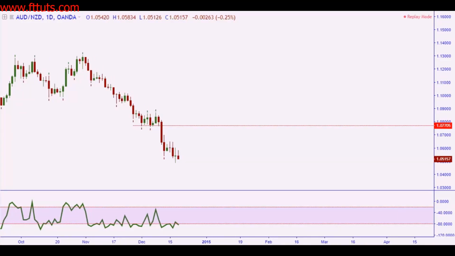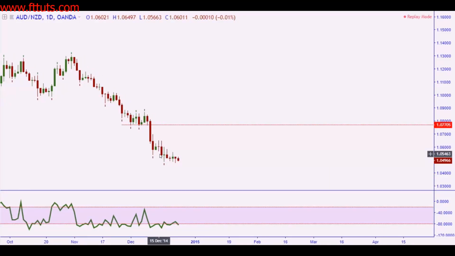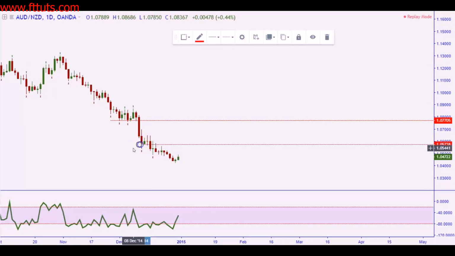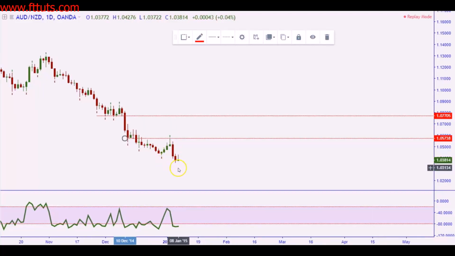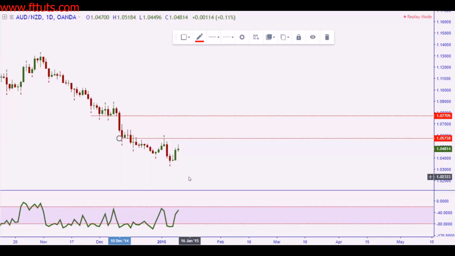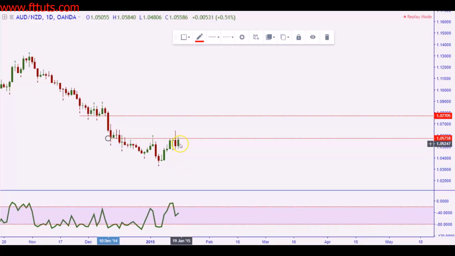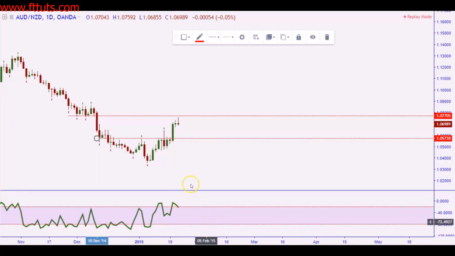Then the market makes another bear fractal and violates it. And you can see the market drop at that point. Back at that level again. But now we reach this level. All right. So we also violated this bull fractal.